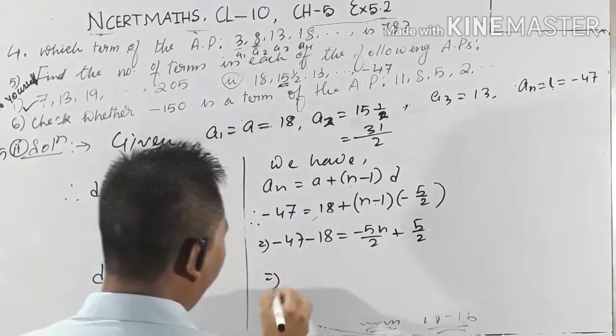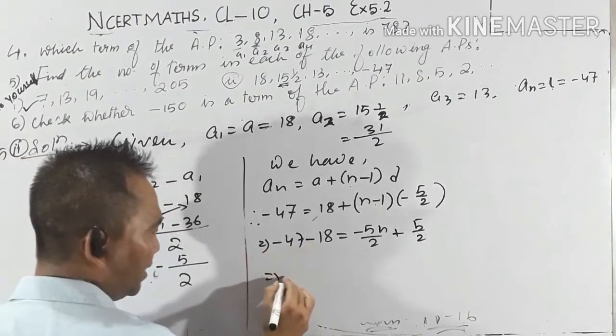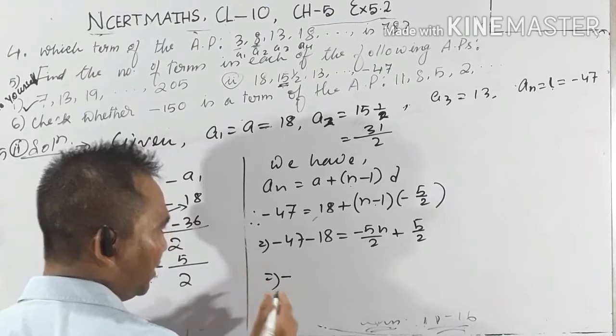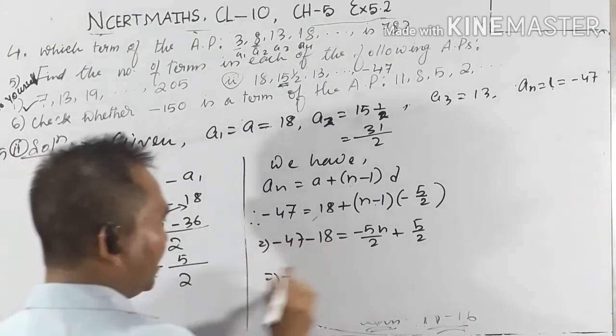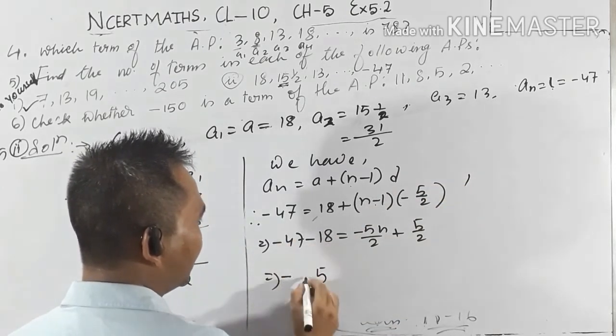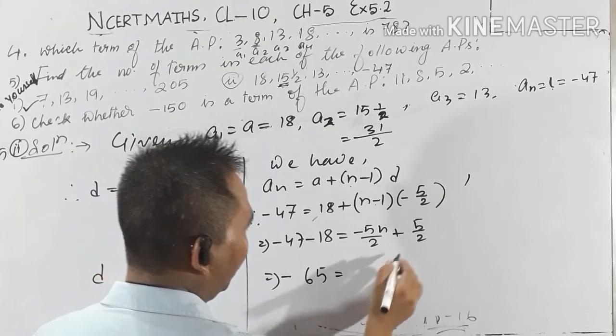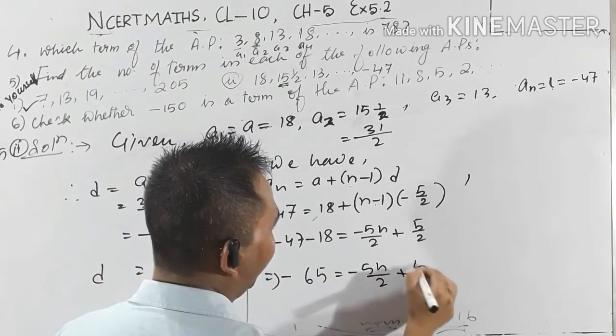Right? Then the symbol will remain the same, but the magnitude will be 65. 7 plus 8, that is 15, 1 in hand. 4 plus 1, 5. Then 6, 65 equals minus 5n upon 2 plus 5 by 2.